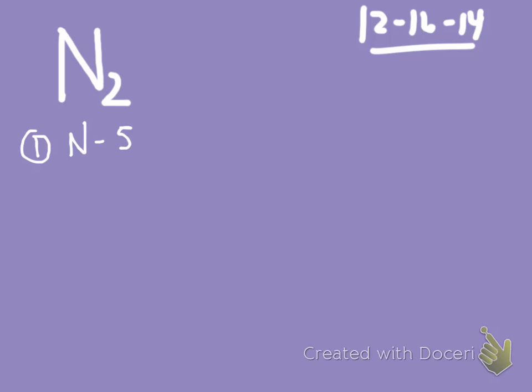How many nitrogens do we have? 2. So we have 10 valence electrons. All good so far. What's our second step? We count up the octet. Nitrogen is not one of our weirdos.